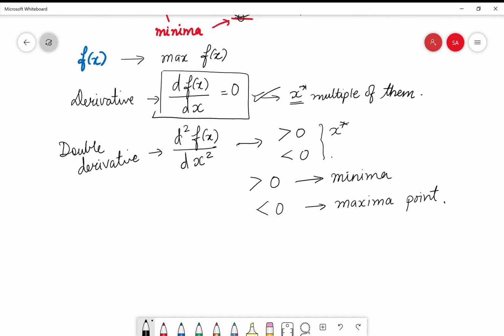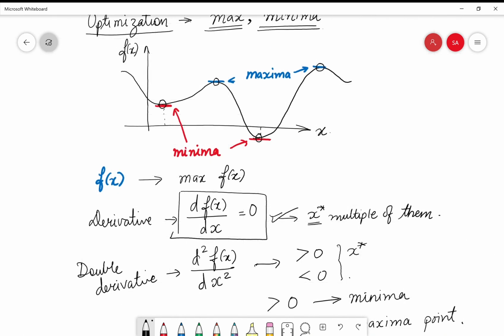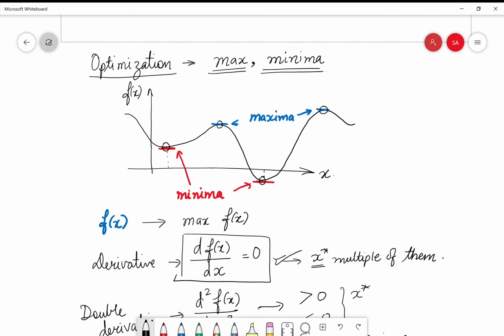Now the question here is, if I'm given a function with multiple minima or multiple maxima points, how do you figure out the point with the most minimum value? Suppose in this kind of function I have two minima points, one here and one here.